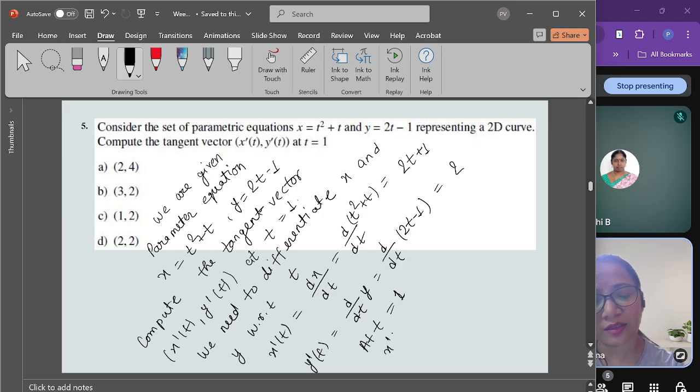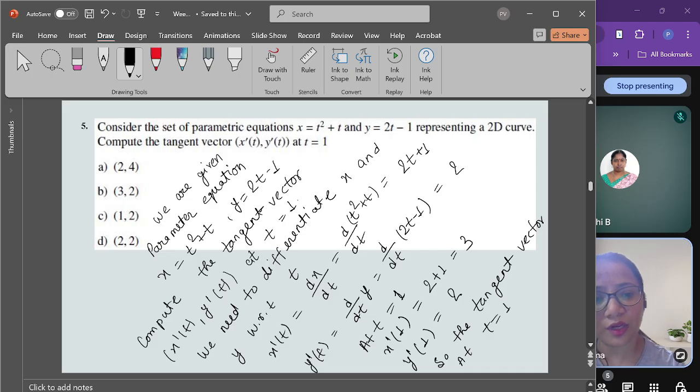For x dash 1, if you put 1, you will get 2 plus 1, simply 3. And for y you will get 2 only. So the tangent vector at t is equal to 1 is 3 comma 2. These two values. So option C is the correct answer for this question.